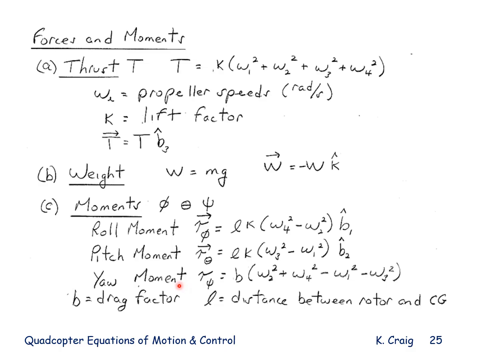The yaw moment, tau sub psi, is equal to B, the drag factor, times the expression, the sum of the squares of the speeds of motors 2 and 4, minus the sum of the squares of the speeds of motors 1 and 3. These are the forces and moments acting on the quadcopter from the environment.